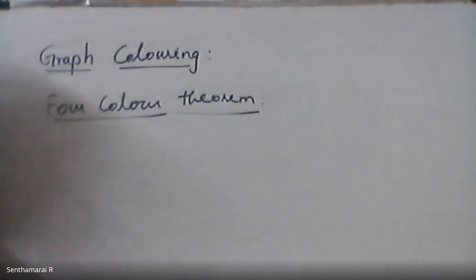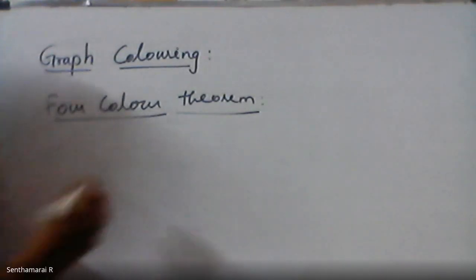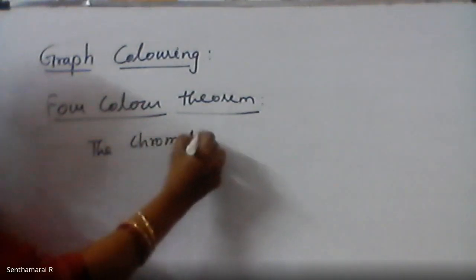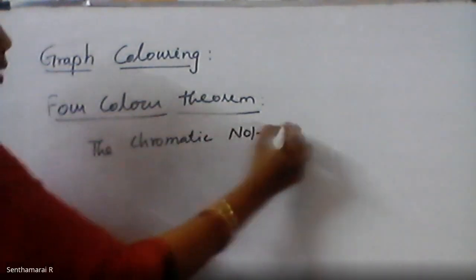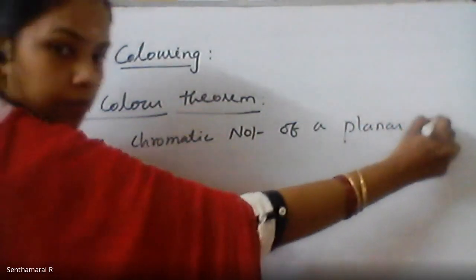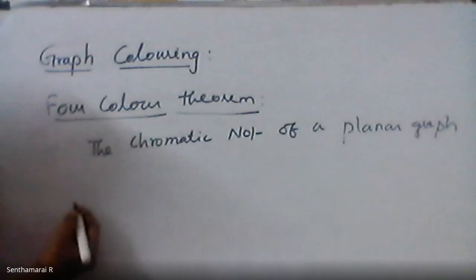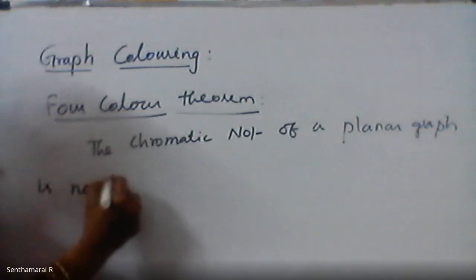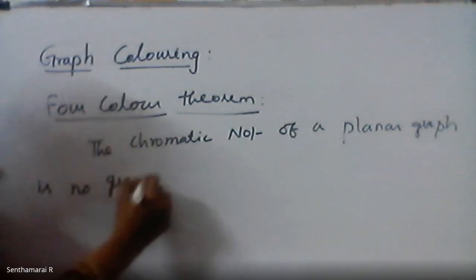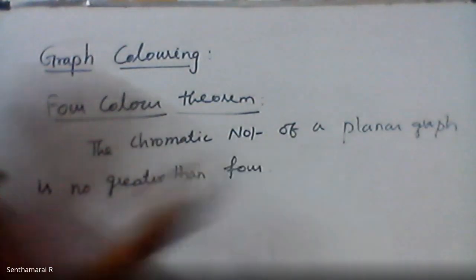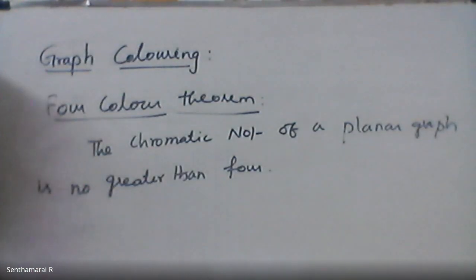Four-color theorem means the chromatic number of a planar graph is no greater than 4. That is known as the four-color theorem.